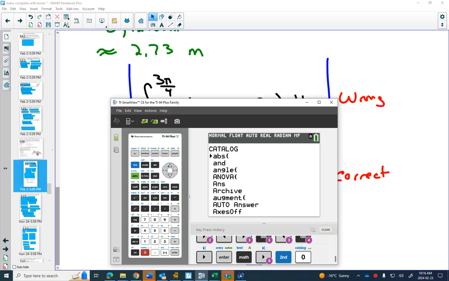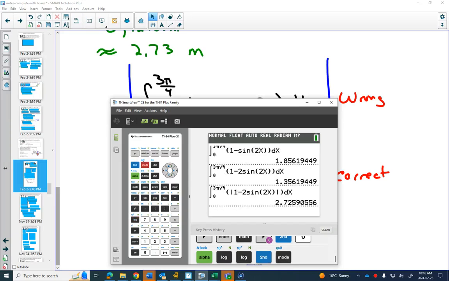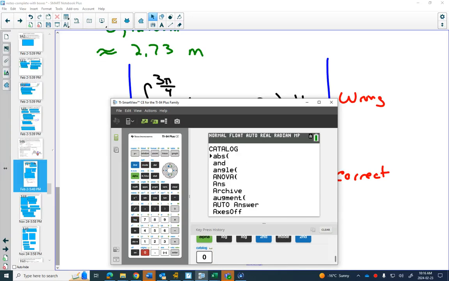If you were like, oh, I can't remember where nDeriv was. Well, you remembered it was nDeriv. So you can also go alpha, and if I go to n, it will take me, no, I don't have to push alpha. Let's start again. Catalog, because it's really annoying if you try to scroll all the way to n.